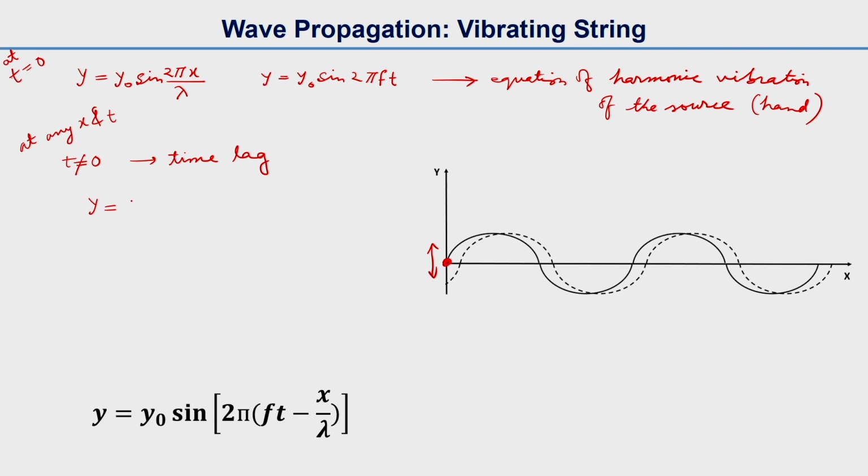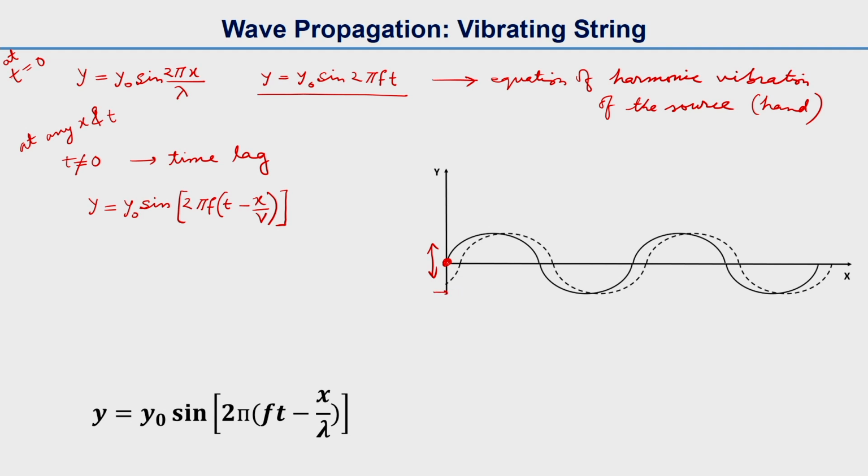It is written as y equal to y naught sine twice pi f t, which we found here. Now for the time lag we can write it like this.